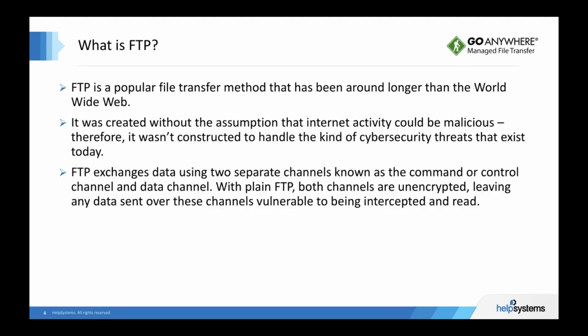The FTP client first connects to an FTP server over what is called a command or control channel. This is where the client will authenticate themselves, and then a subsequent channel called the data channel is where your commands operate, like listing a file system, uploading or downloading data, or creating a directory.